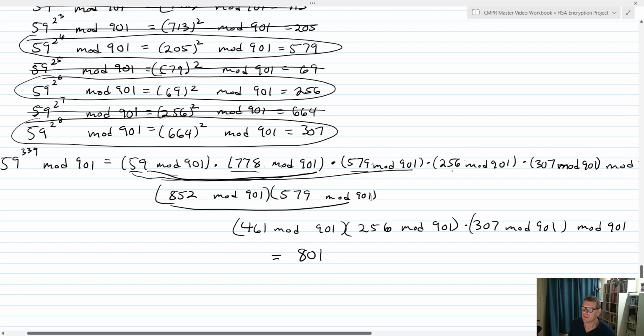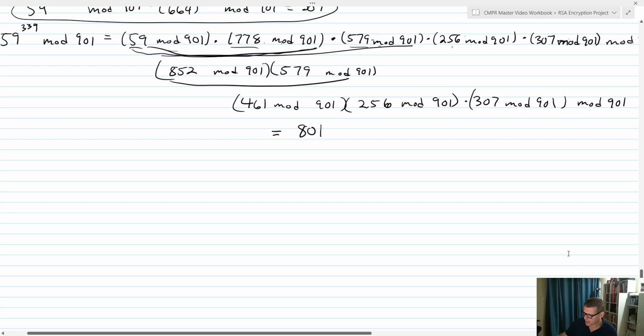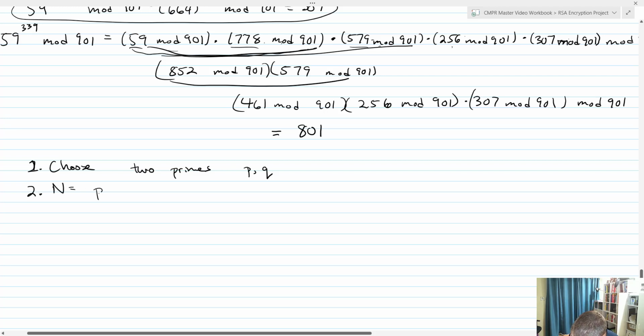Okay? So, when you are doing your RSA encryption, right, we are going to choose 2 primes. We'll choose 2 primes, call them P and Q, right? That's 1. 2, we're going to find N, which will equal P times Q. All right?